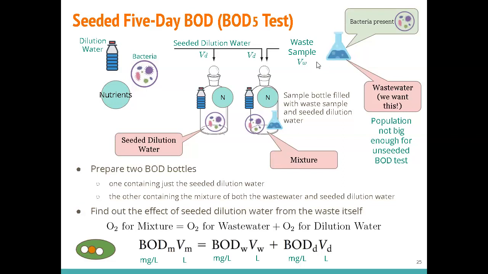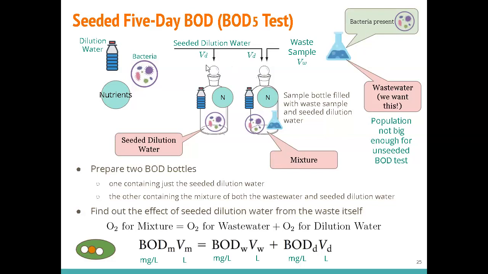What do we want to measure? We want to measure the organic matter inside this wastewater bottle, right? Inside this wastewater. And the bacteria is just a bonus, right? You are not interested in the bacteria. You're interested in the organic matter, but the bacteria is just too weak. So what do we do? We add some bacteria to the waste sample.